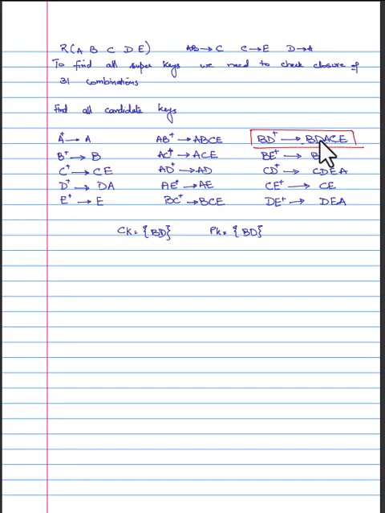So BDA will identify BDA, BD will identify BDAC, and then C identifies E, so we write E here. We consider all the possible dependencies as given in the scenario or by applying any rule. In this way you can take the closure.